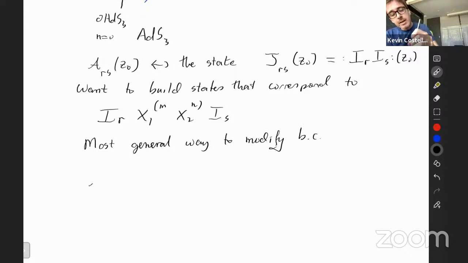So we could say A is like a delta function at z equals z0, but there's nothing stopping me having more singular behavior in n. So I could have 1 over n to some power, okay.